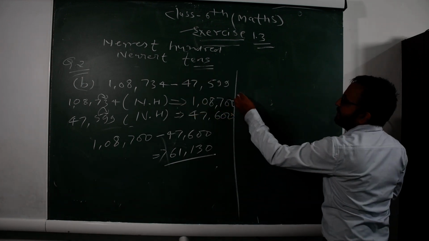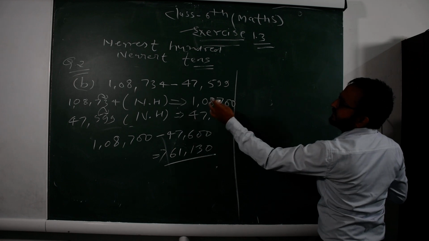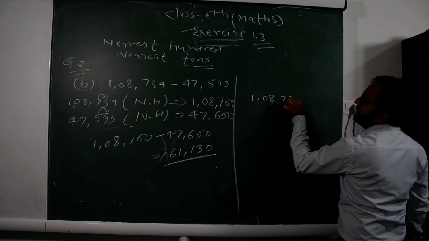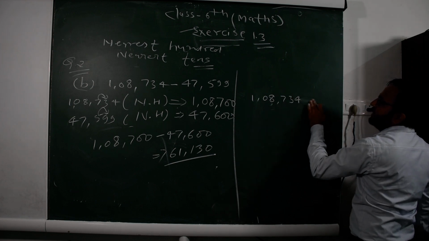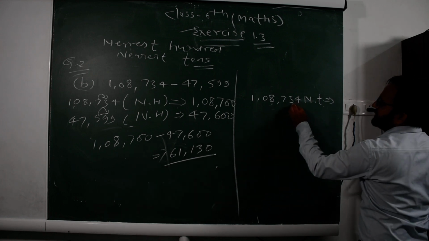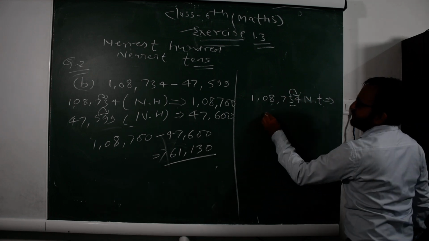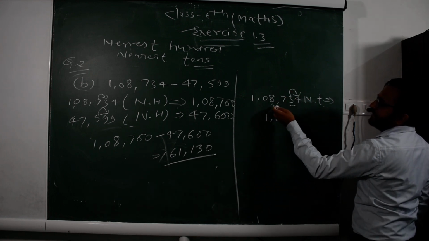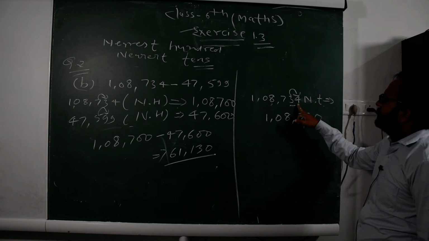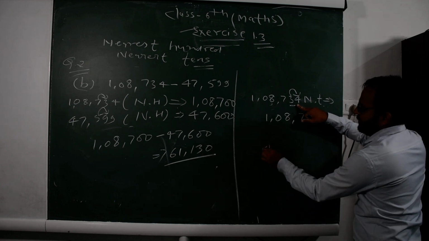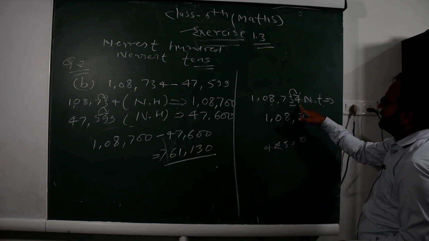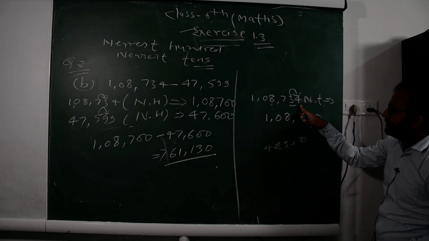Same as we perform nearest tens. 1,08,734 nearest tens. Because 4 is less than 5, we consider it as 0. So we put 0 at the place of ones.